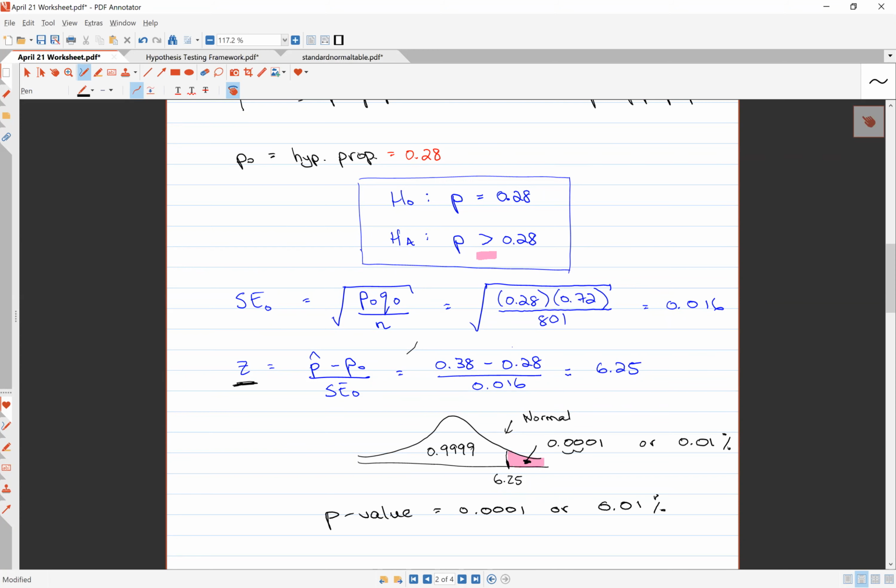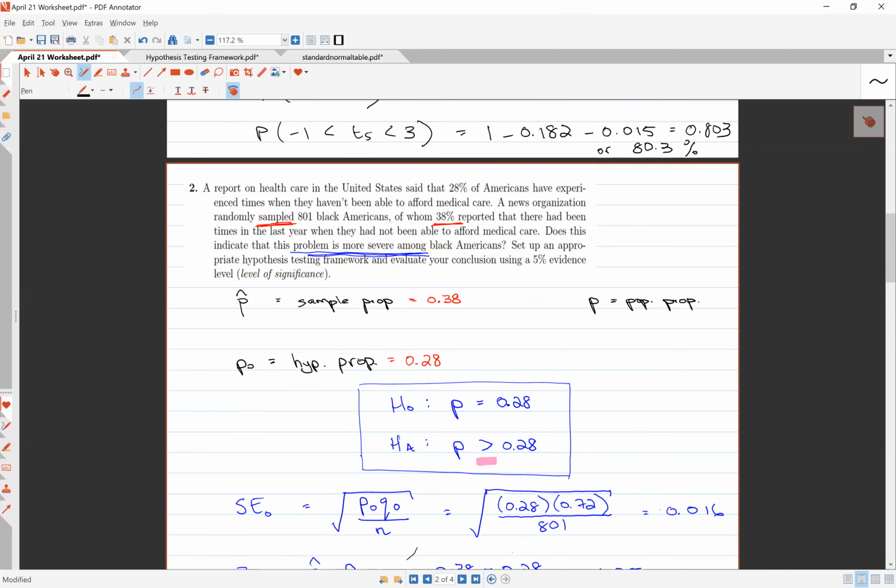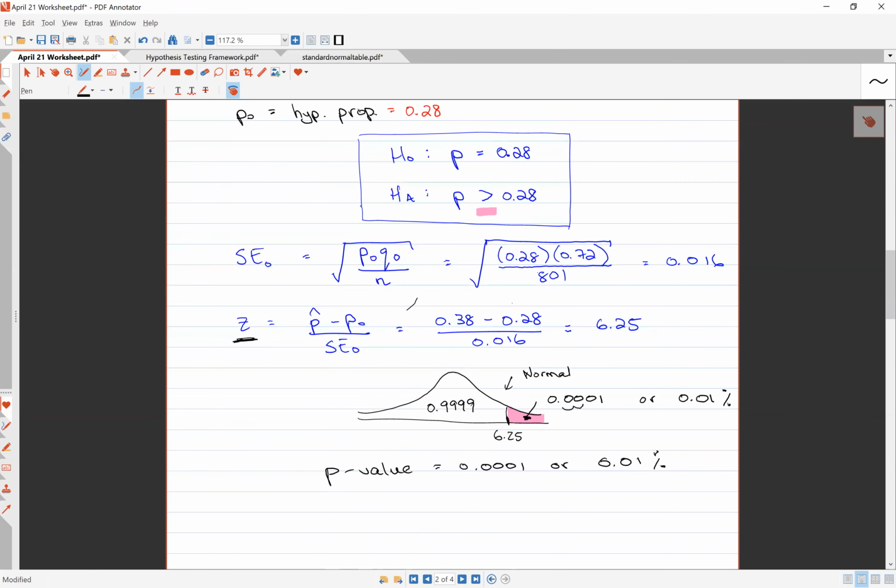And the problem said use a 5% evidence level. So that is just a threshold that you use to determine whether you should reject or not reject your null hypothesis.